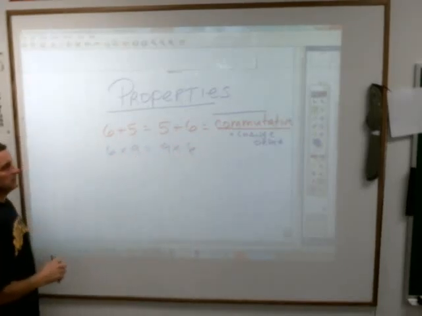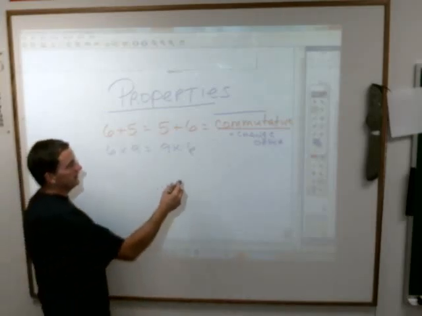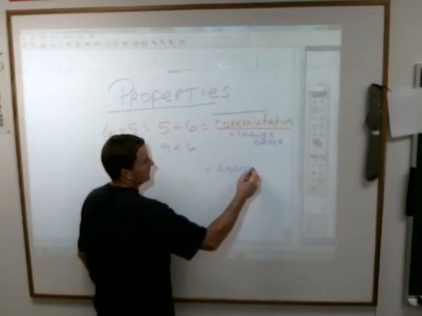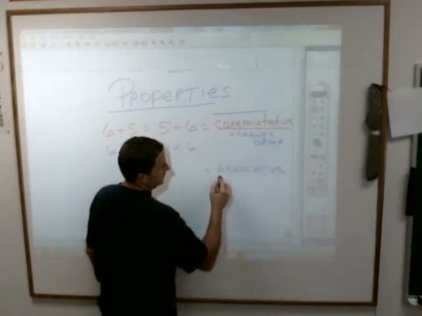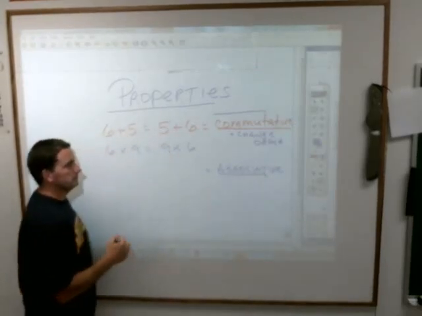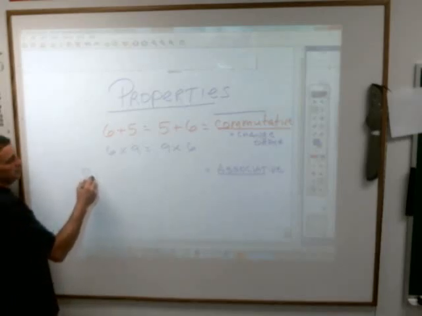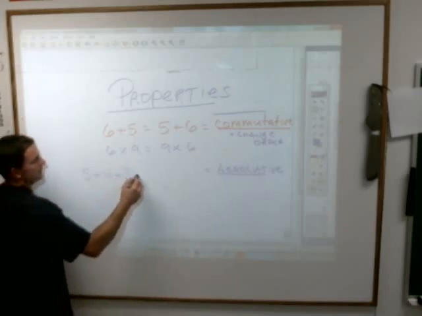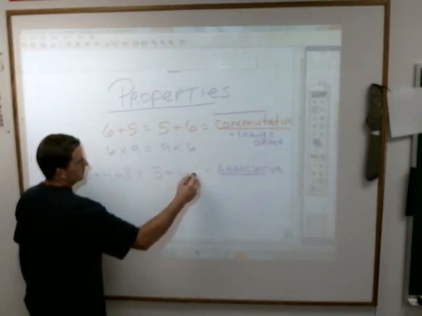That's the commutative property. Another property we have is called the associative property. Okay, and in that one, it looks like this: (5 plus 4) plus 3, and 5 plus (4 plus 3).